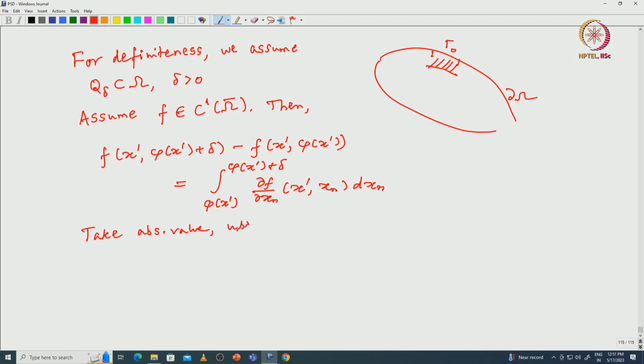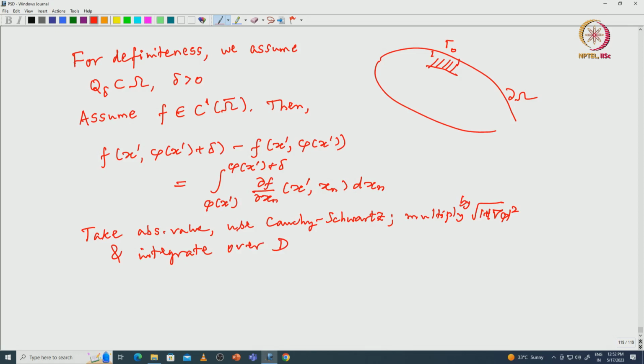So many steps you have to do, and then you multiply by this factor 1 plus grad phi square and integrate over D. Okay. So, similar calculation we did while discussing the trace over D. Okay. So, let me just write the final one.